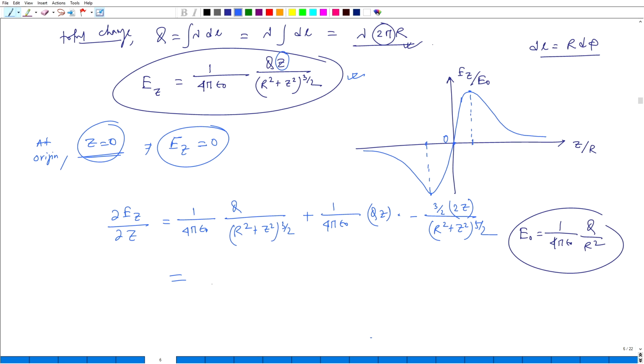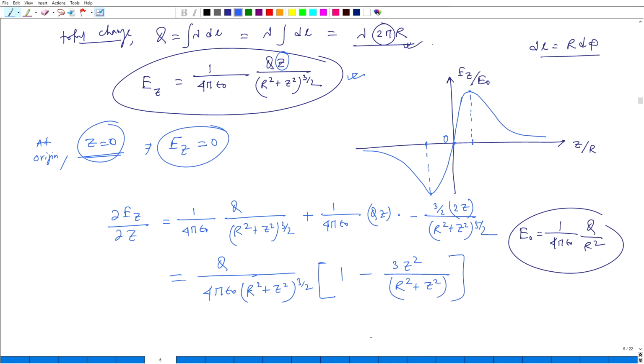Then, if we take out 1 over 4 pi epsilon naught over (r square plus z square) to the power 3 by 2, we get 1 minus 3 z square divided by r square plus z square.